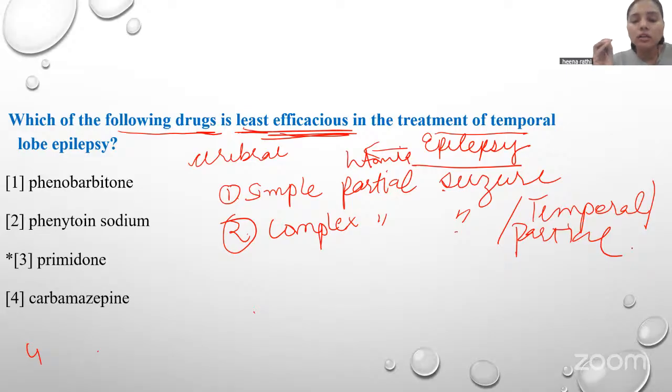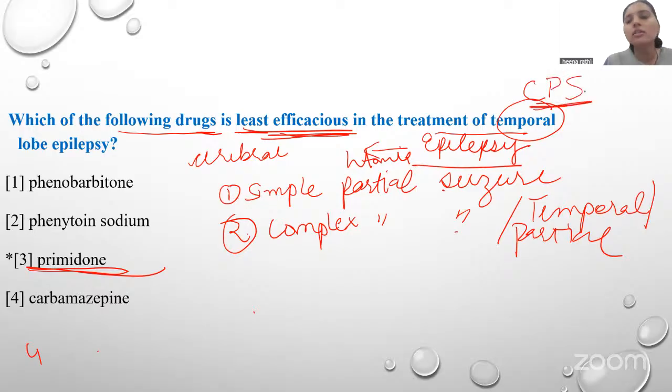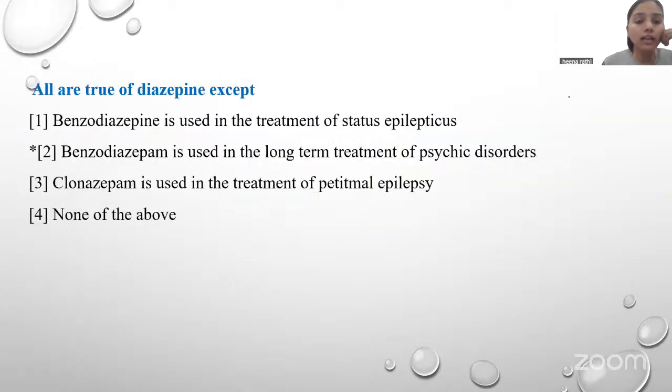Now, the treatment of this condition can be phenobarbital, phenytoin, or carbamazepine. But primidone is the least efficacious in the treatment of temporal lobe epilepsy. So temporal lobe epilepsy is also called complex partial seizure. If the question arises like this also, which drug is least efficacious for complex partial seizure, it is primidone.